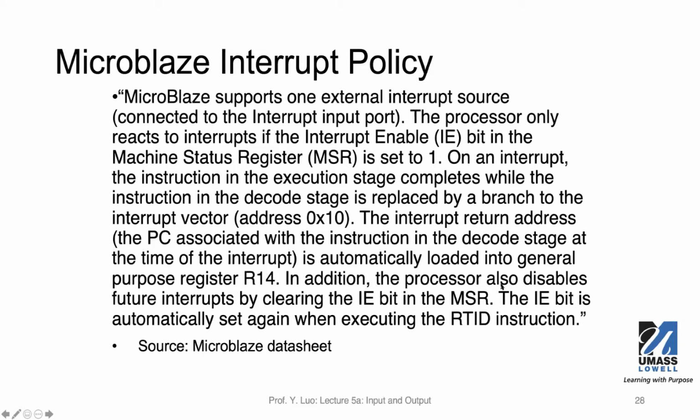In addition, the processor also disables future interrupts by clearing the interrupt enable bit in the MSR. So it's done by the microprocessor automatically. The IE bit is automatically set again when executing the interrupt return instruction.